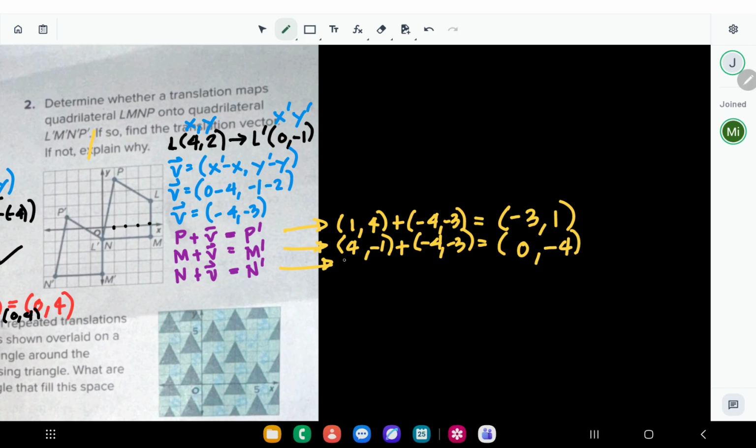Okay. Then N. Point N is 1, 2, 3, negative 4. Then negative 4, negative 4. Just to make sure. No, that is N prime. Hold on, I'm talking of N. What is the coordinate of N?